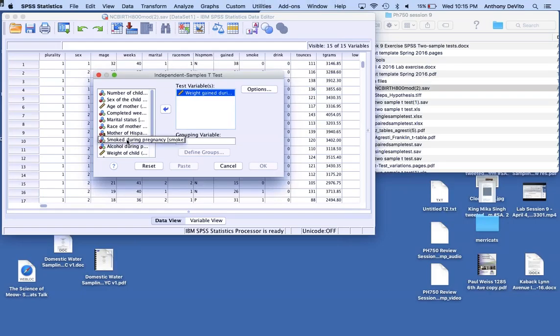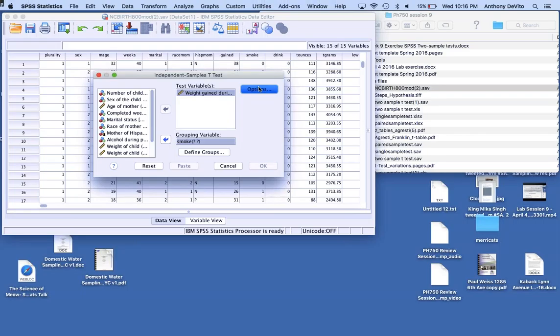And that's going to be by whether or not they smoked during pregnancy. So our grouping variable is whether or not they smoked during pregnancy. It's going to create two groups, group 0 and group 1. 0 was smokers, group 1 was non-smokers. It might be the other way around, I don't remember. But we're going to look at the average weight gain for each of those two groups. That's how we fill these two boxes.